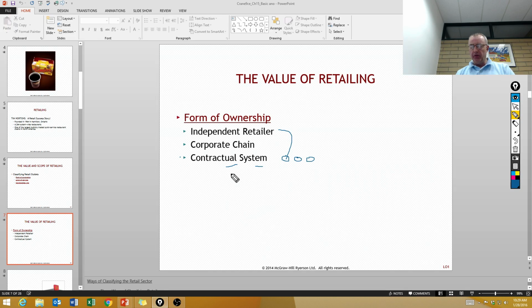The example from the book is Guardian Drugs. I don't think I've ever been in a Guardian Drugs, but it's a pharmacy. You have all these independent stores, and when they go buying their inventory, they work together, so they get good deals on quantity.